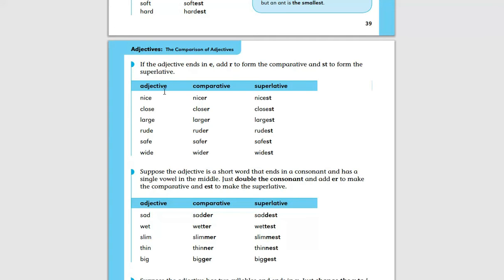Okay, example for the adjective nice. So the comparative is nicer, the superlative is nicest. Okay, close, closer, closest, rude, ruder, rudest, safe, safer, and safest.